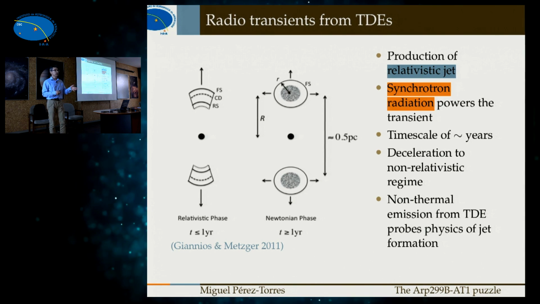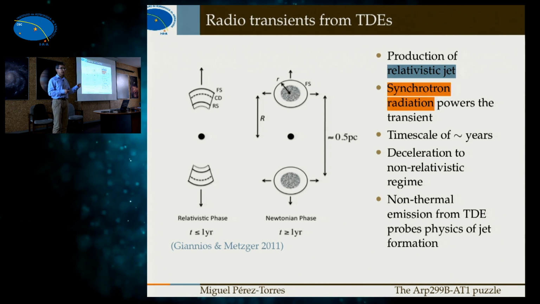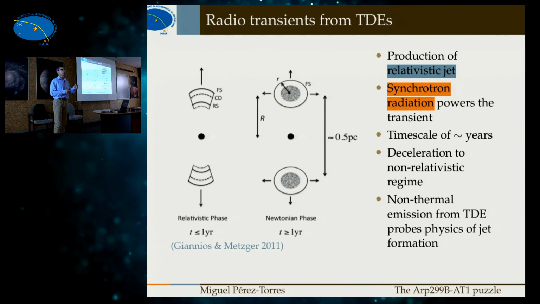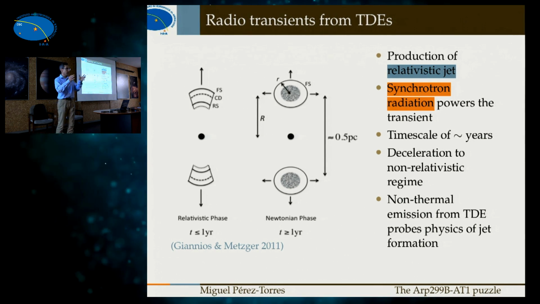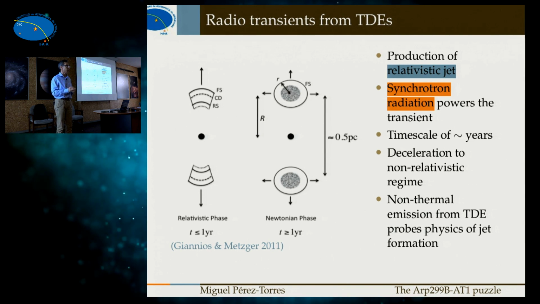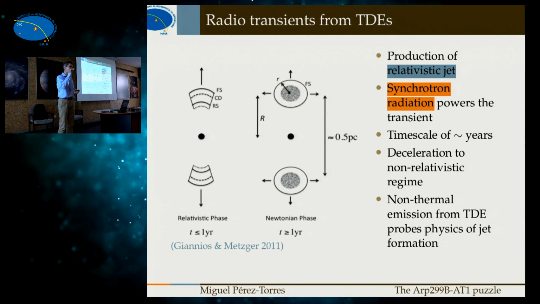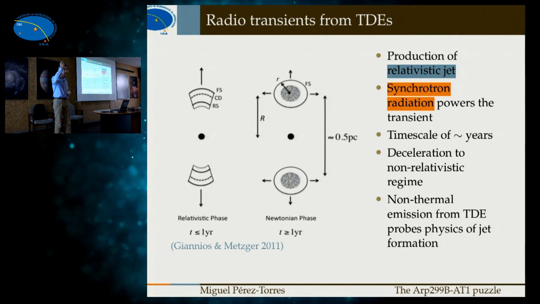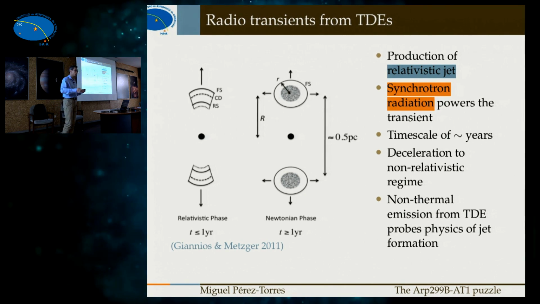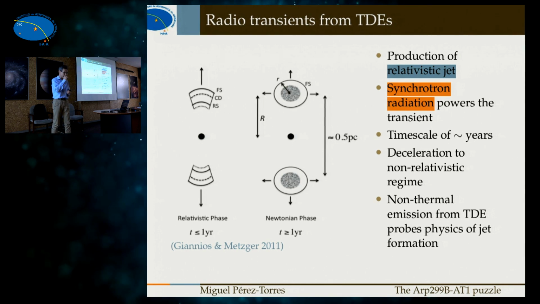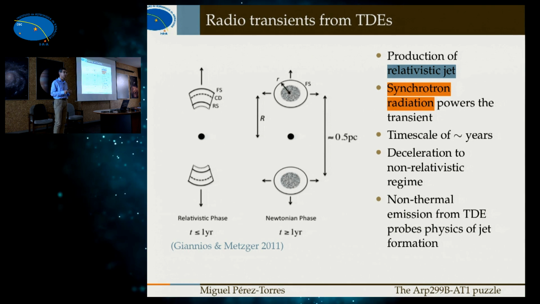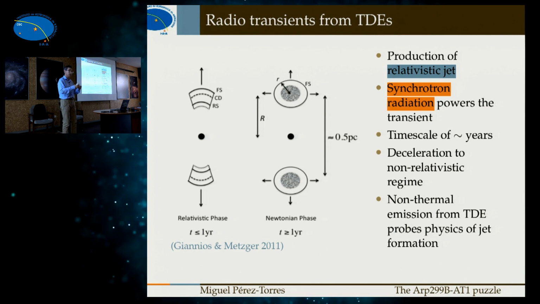In 2011, this very nice paper was published by Giannios and Metzger. They made a very simple but nice theory, where if just a small fraction of the energy from this star that goes towards the supermassive black hole is funneled into a relativistic jet, we should expect to see synchrotron emission from the jet.